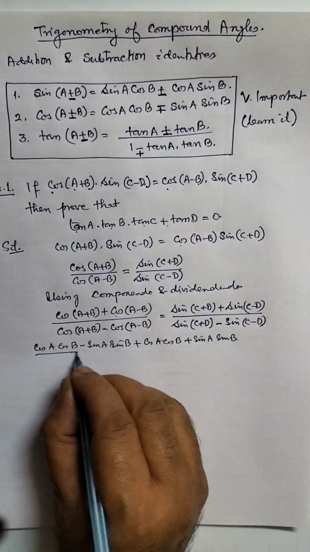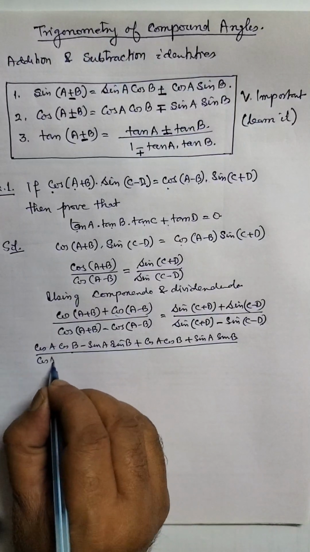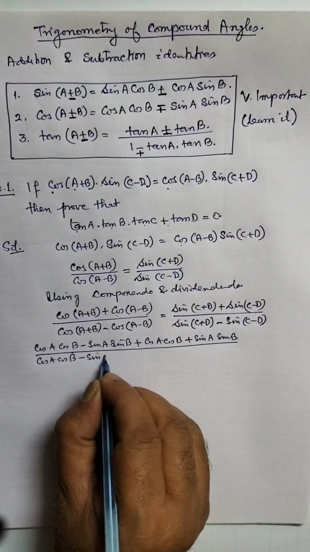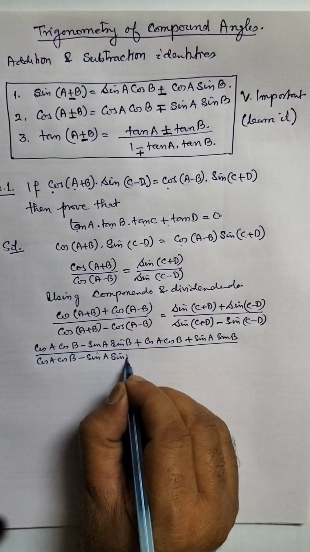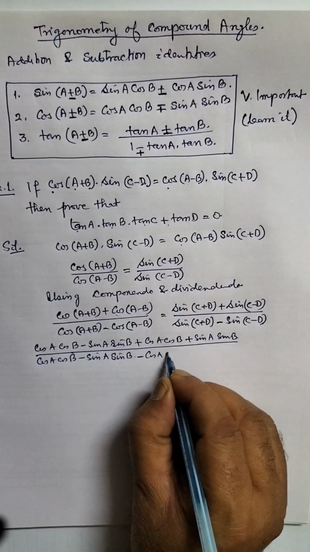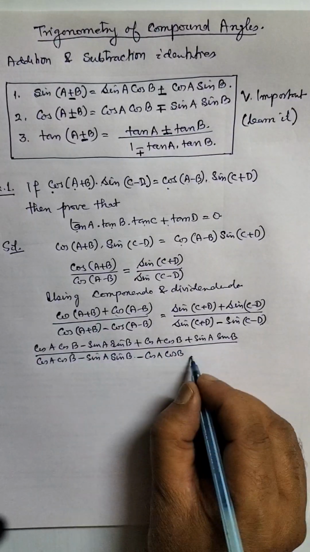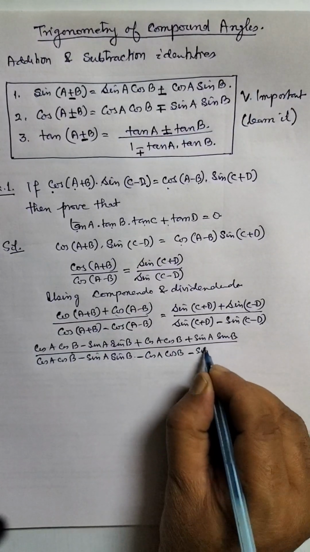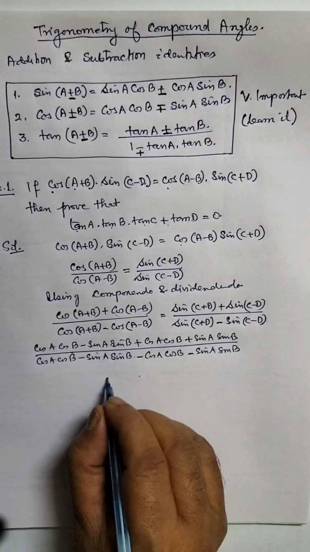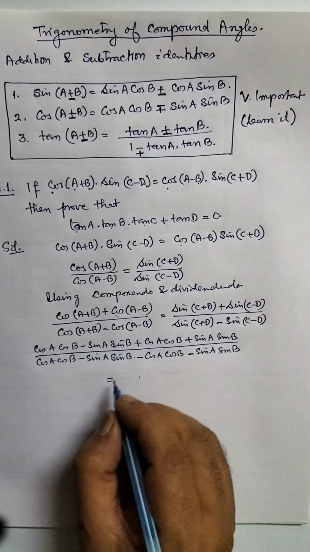In the denominator, in the same way we will expand this: cos A cos B minus sin A sin B, minus cos A cos B, and because of this minus it will become plus sin A sin B. This side also is to be expanded in the same way using the identity.